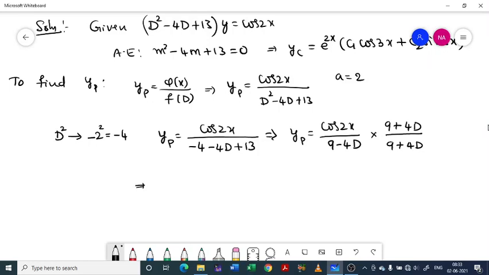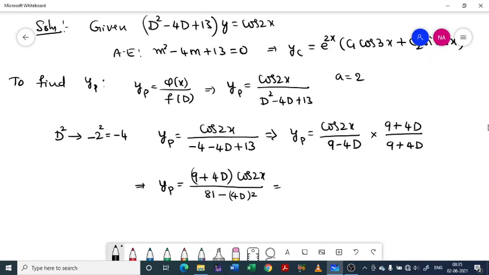So I got yp to be 9 plus 4D times cos 2x divided by 9 square, that is 81, minus 4D whole square.